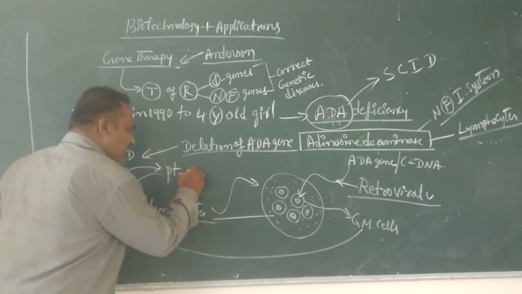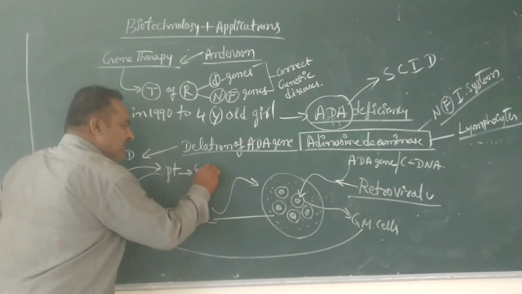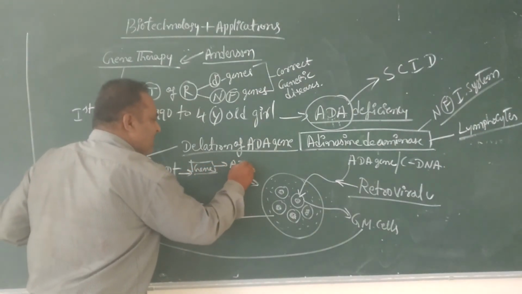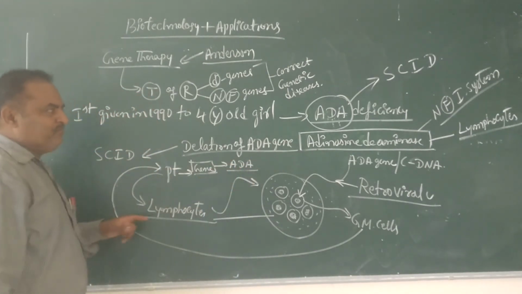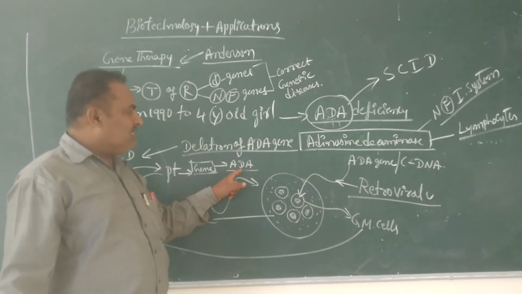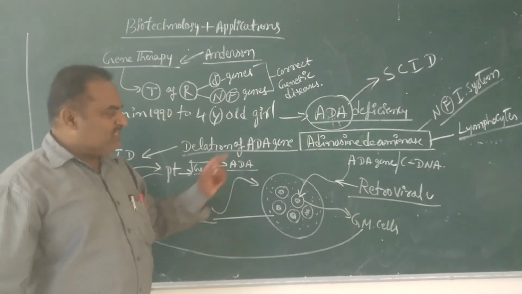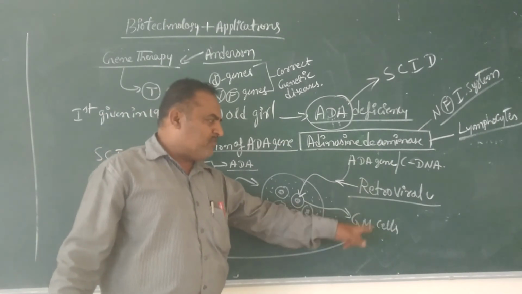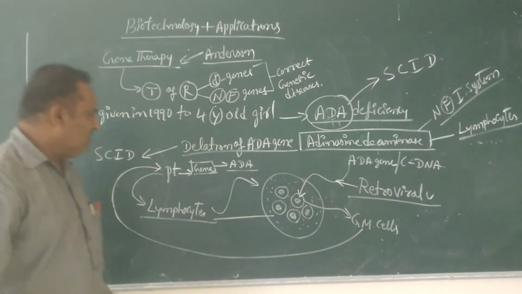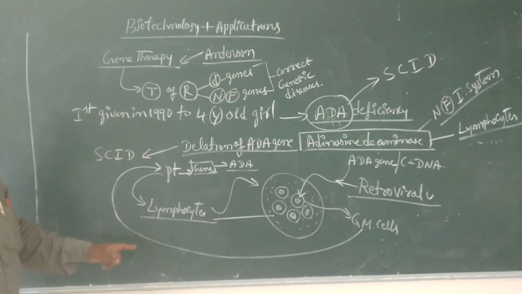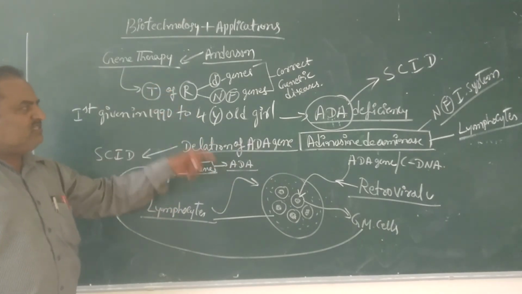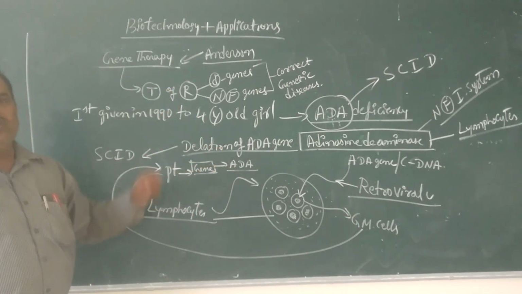In the patient, the ADA gene enters, then there is production of the ADA enzyme. Then ADA deficiency is rectified, and SCID disease can be cured.